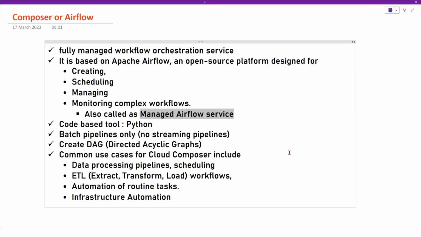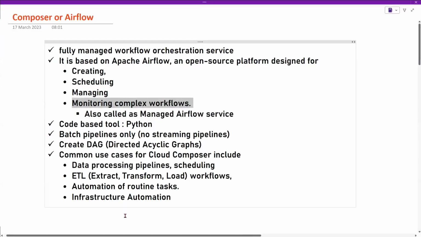If you want to understand what Composer is: if you want to create a pipeline, you can use Composer. If you want to schedule the pipelines, you can use Composer. If you want to manage the pipelines, you can use Composer. You can monitor the pipelines also using Composer. Composer can be used for all of these four activities.